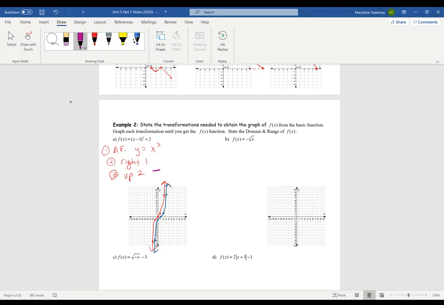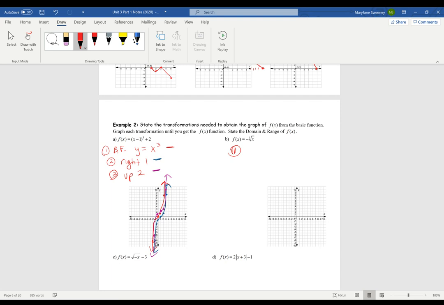So I go up 2, and there can be some overlap, and that's why sometimes we use the different colors. And those are sometimes steps that I say you can do all in the same step. If you want to, like if you did the right 1 and the up 2 in one step, that's fine.